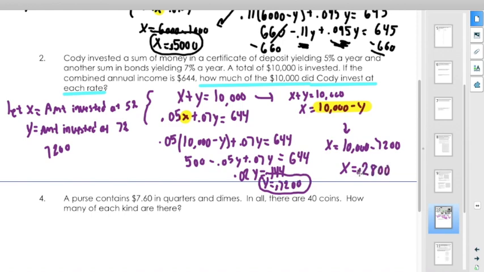And again, this is dollars. So he invests 7,200 at 7% and 2,800 at 5%. Okay, that one was kind of tough just to set up the equations, but doable.